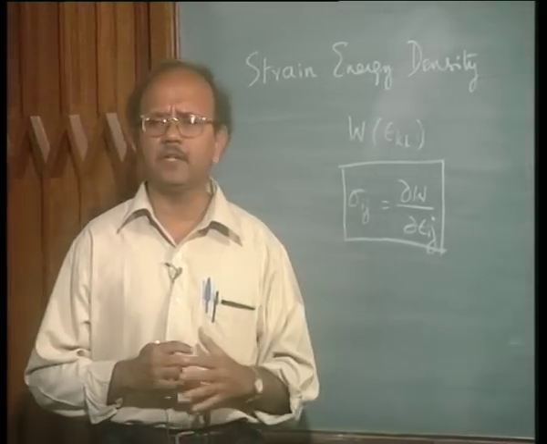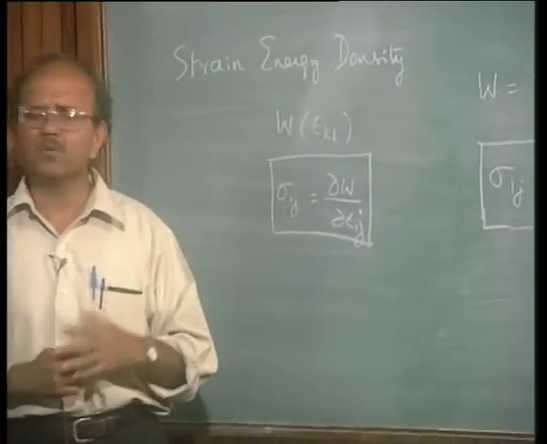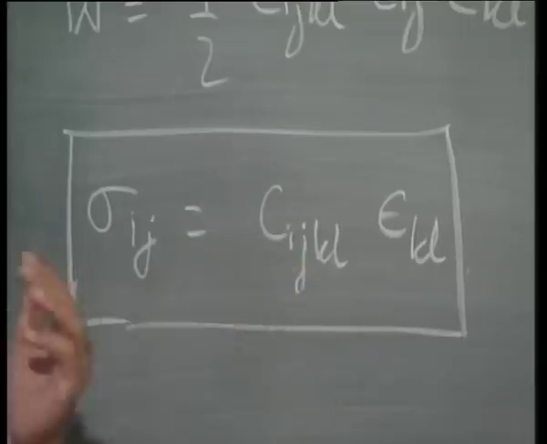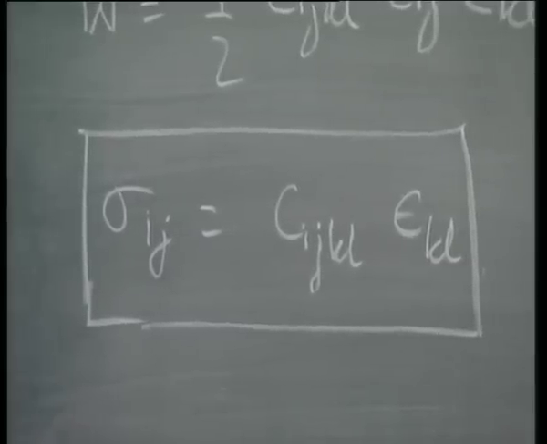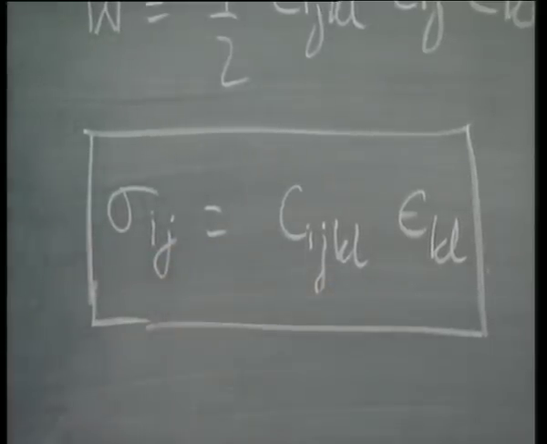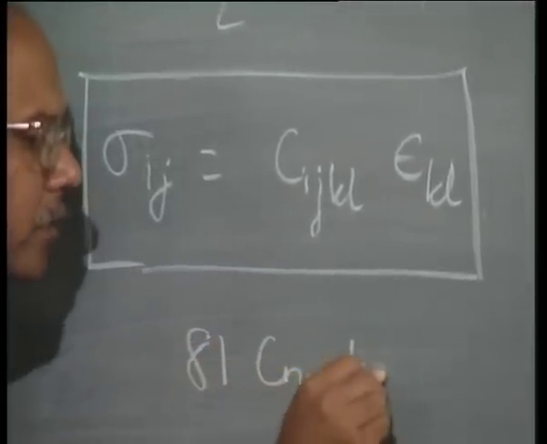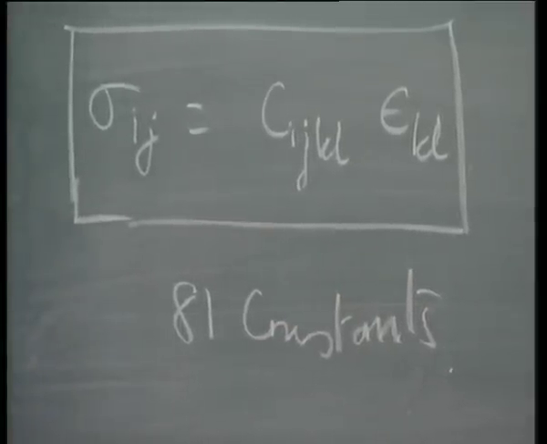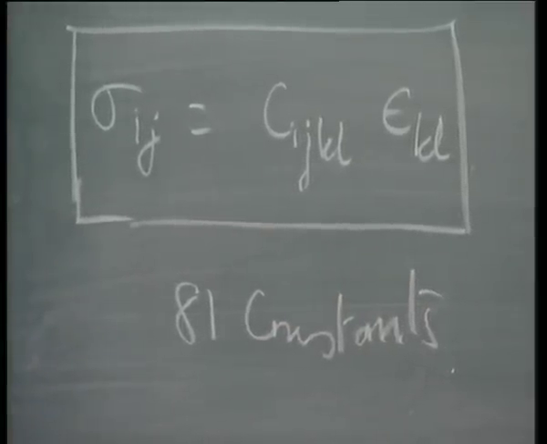Now, the question that immediately comes to your mind is that, look, what have you put C ij KL, and you have asked us to vary i, j, k and l, each 3 times, 1, 2 and 3. So, I seem to get how much? 81 constants. So, I seem to get 81 constants by doing whatever you have said, but I know only of 2 constants.